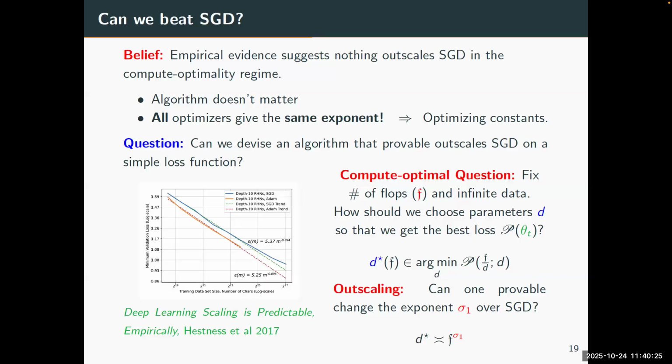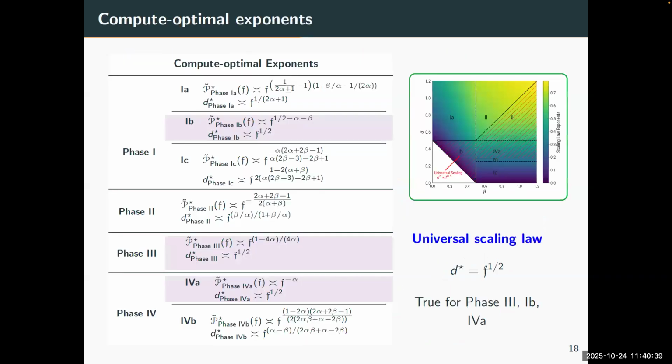You can add label noise into what I'm doing, and I didn't do that. It's a great question because it doesn't really change anything, but it changes some things I'm hiding under the rug, especially the regime below 2 alpha being less than 0.5.